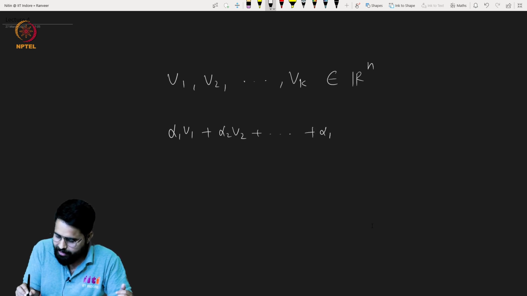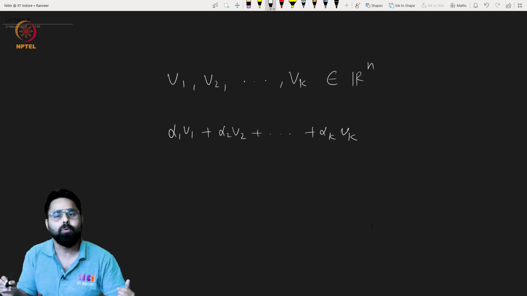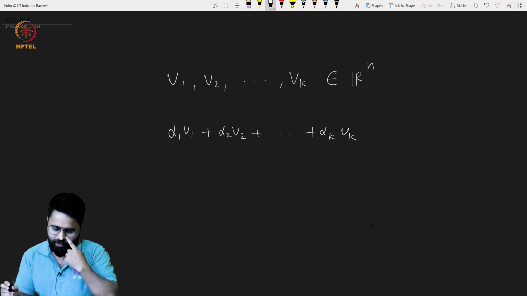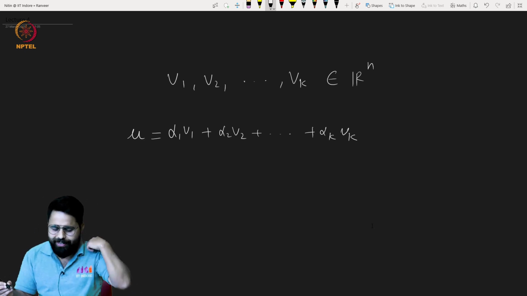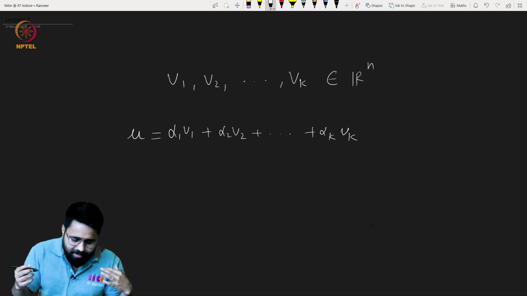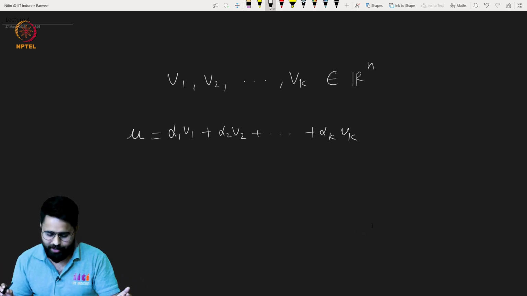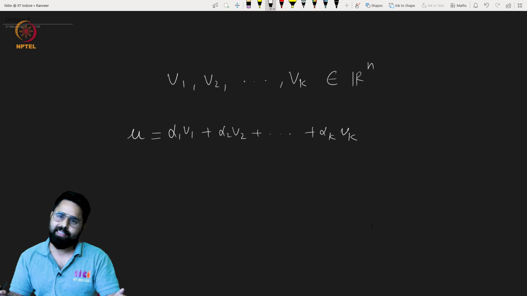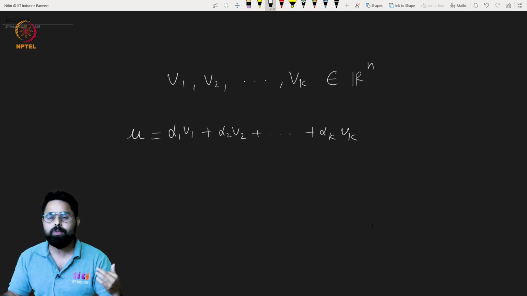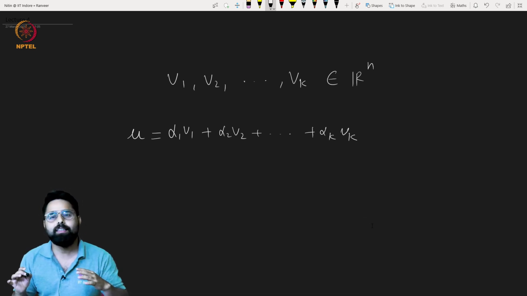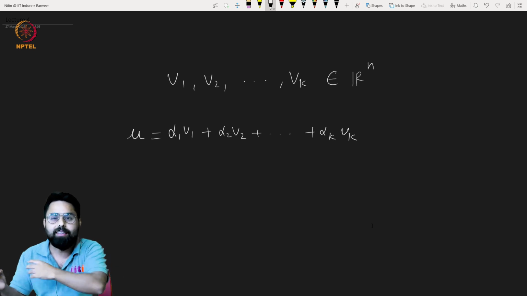This gives us a linear combination of these vectors, and of course this will be equal to some vector, let us call it u. In this setup we say u can be written as a linear combination of vectors v1 up to vk. Sometimes it is not possible to write a vector as a linear combination of given other vectors.